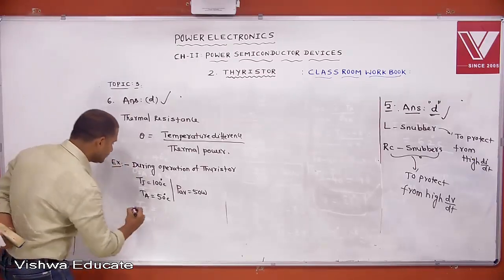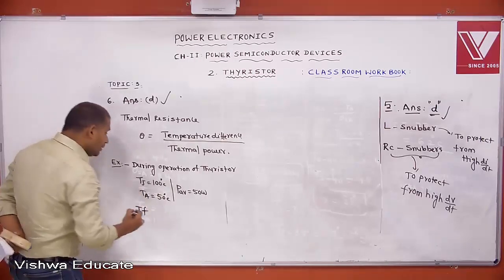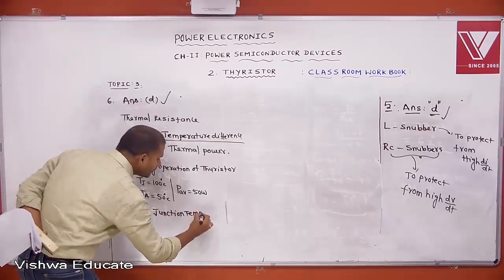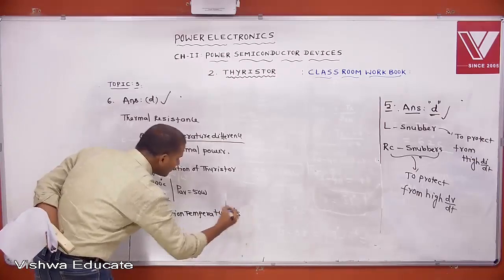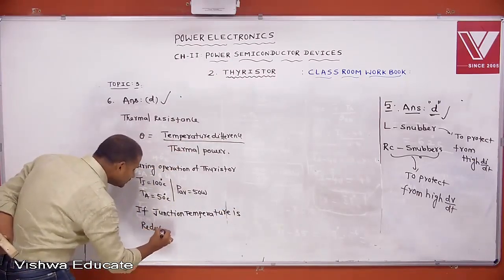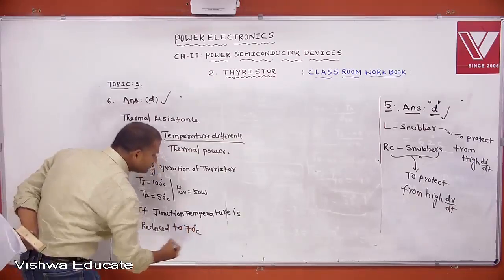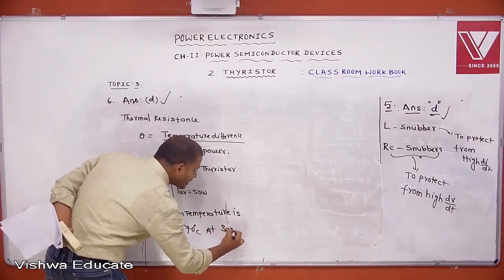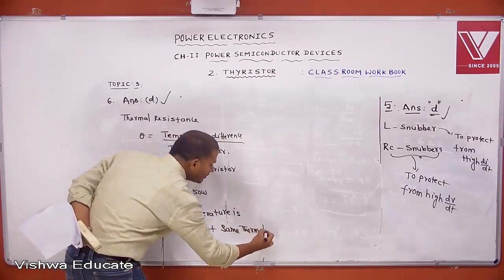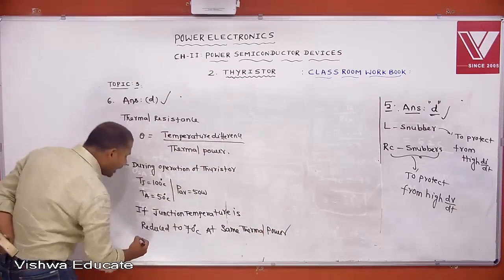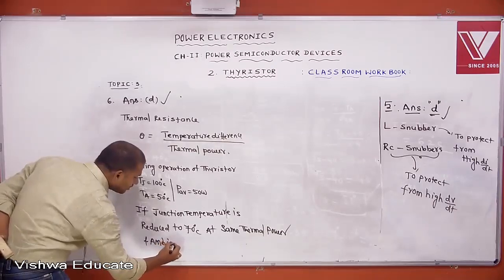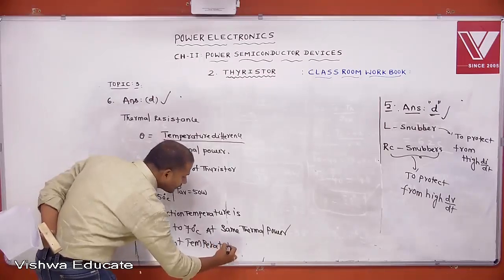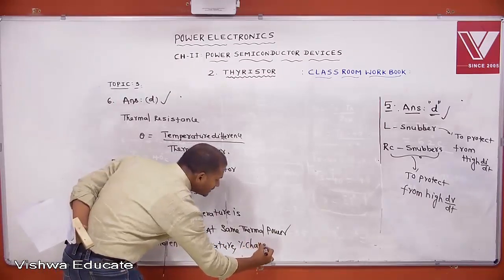If junction temperature is reduced to 70 degrees centigrade at same thermal power and ambient temperature, then percentage change in thermal resistance is dash.